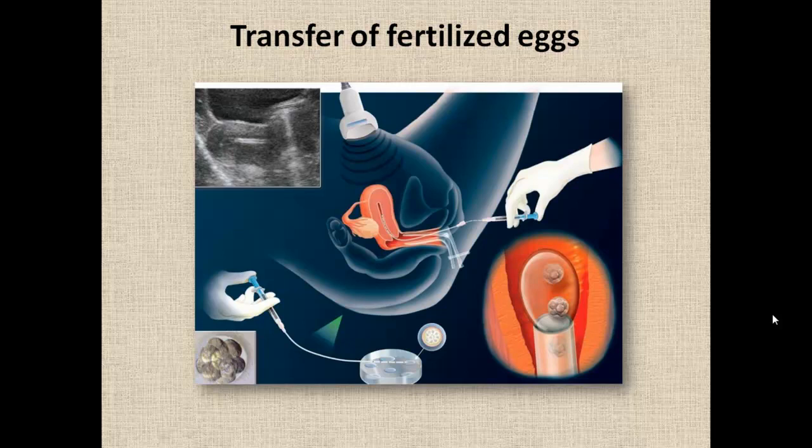Transfer of the fertilized egg embryo is usually done on the 5th day after fertilization, where the embryo is already in the blastocyst phase. Embryos in the blastocyst phase are already able to stick to mama's uterus.